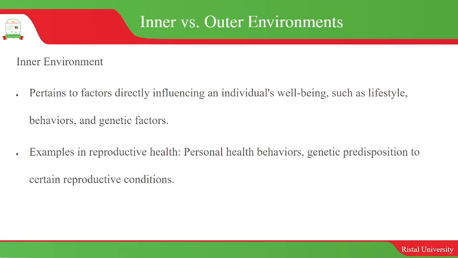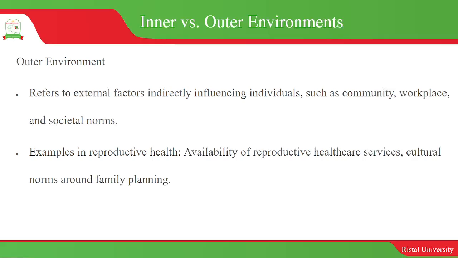We can look at this environment in two ways, with the inner and the outer environment. The inner environment is the well-being of the person, and how the actions of this person, or even their genetic constitution or biological makeup, can result in poor reproductive health outcomes. So personal behavior, genetic makeup or predisposition can contribute to certain reproductive health diseases.